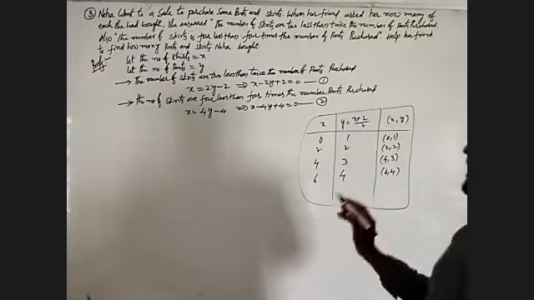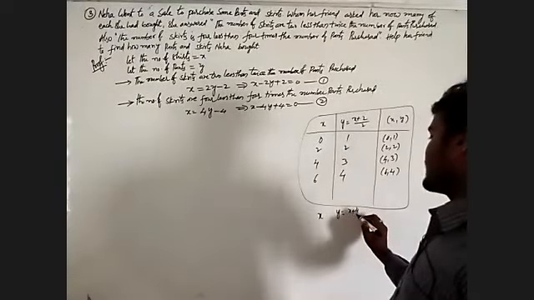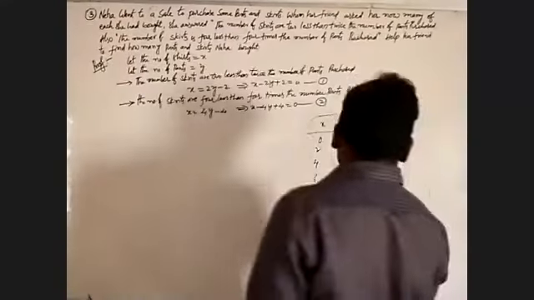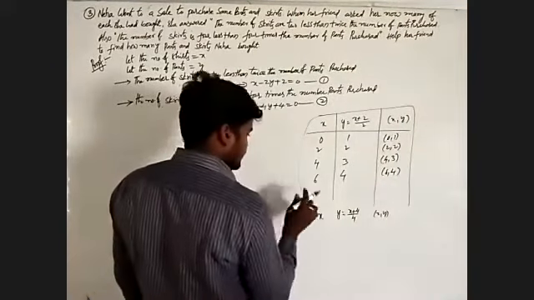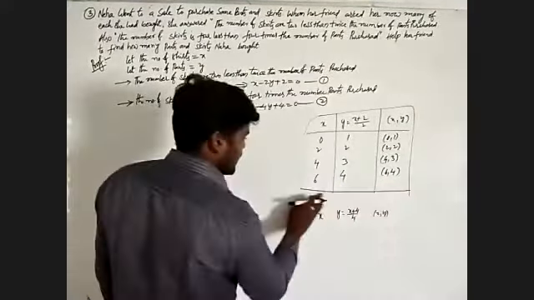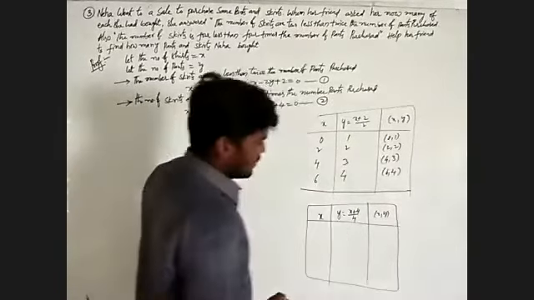After that, the second one is x minus 4y plus 4 equals 0, so y is equal to x plus 4 by 4. After that, the point is x comma y. We have to take some x values, then find the value of y.